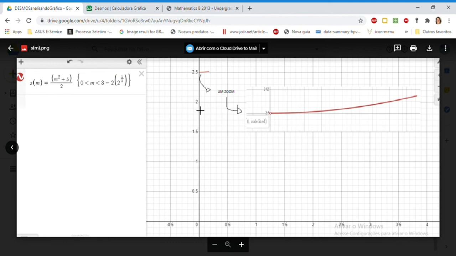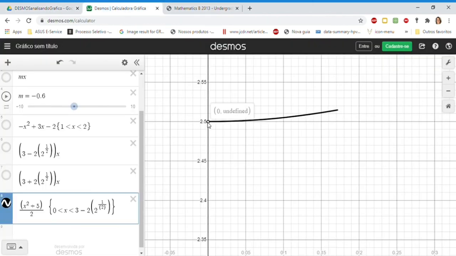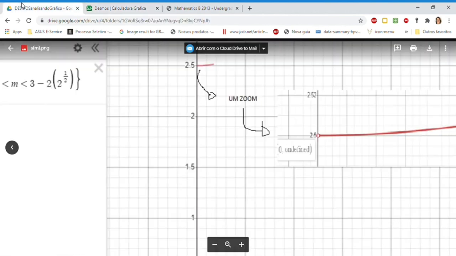When it's going to 0, it's undefined because we are not defining it. It must be bigger than 0, and when it's bigger than 0 it's barely 5/2.